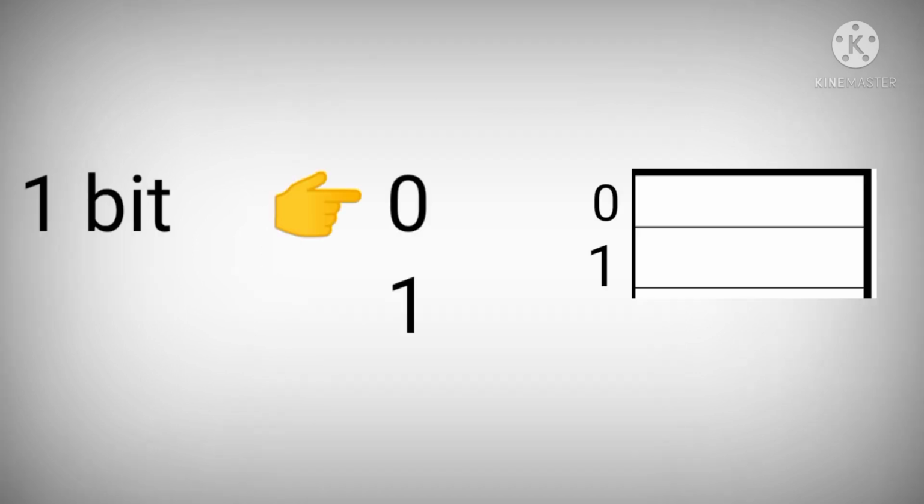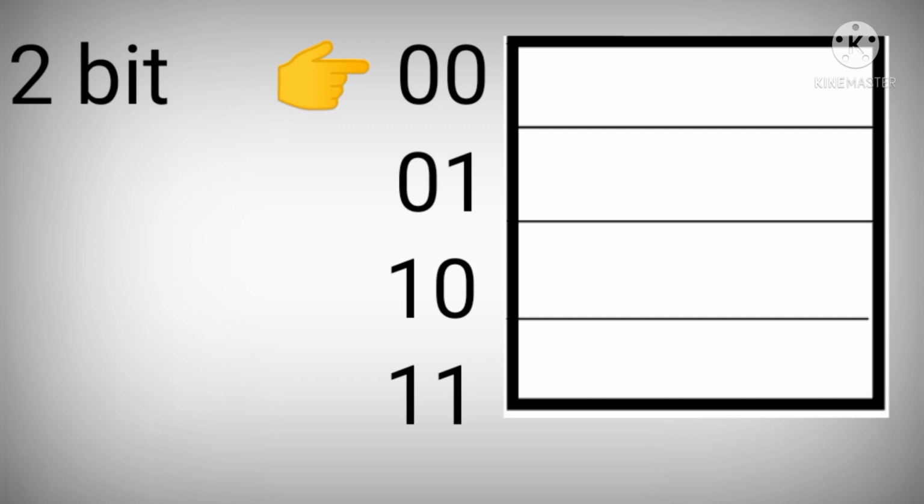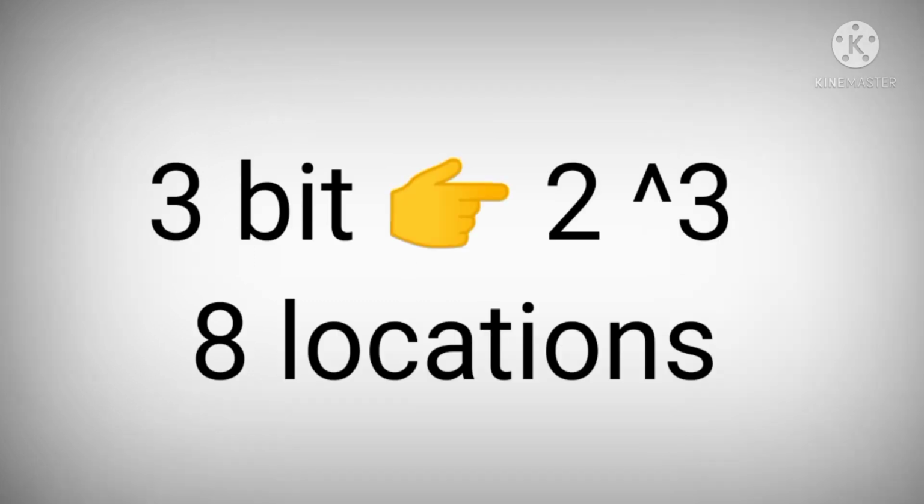If we are using a 1-bit register, 1 bit means the value may be either 0 or 1. So we can access two locations, one is 0 and the other is 1. Similarly, if we are using 2 bits, it is possible to have 4 locations like 00, 01, 10, 11. And if we are using 3 bits, it is possible to have 8 locations from 000 to 111.